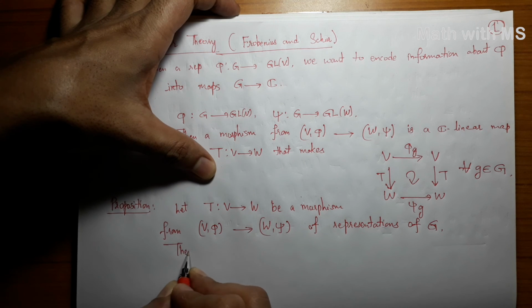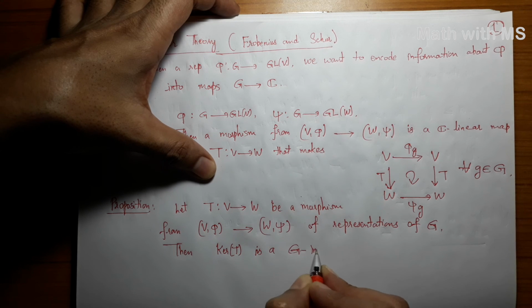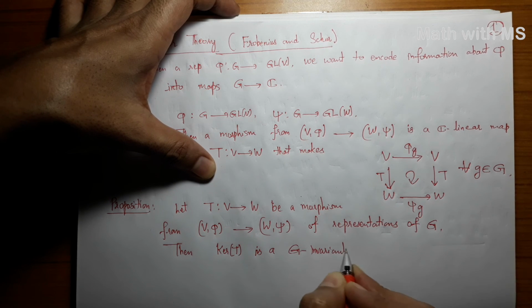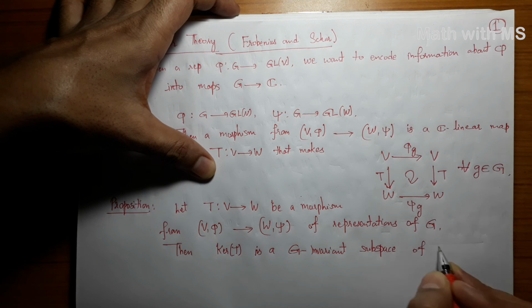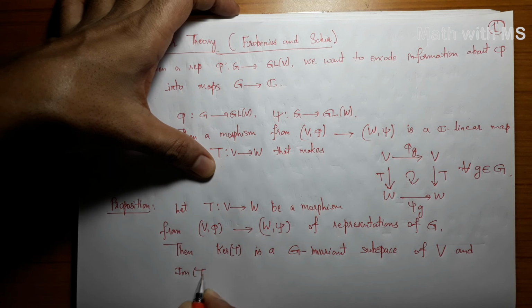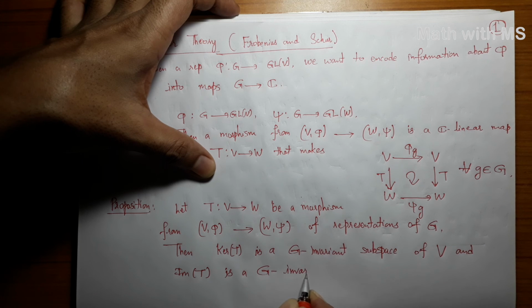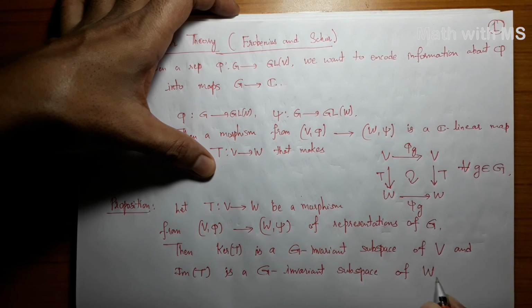Then kernel of T is a G invariant subspace of V, and image of T is a G invariant subspace of W. Very simple observation.